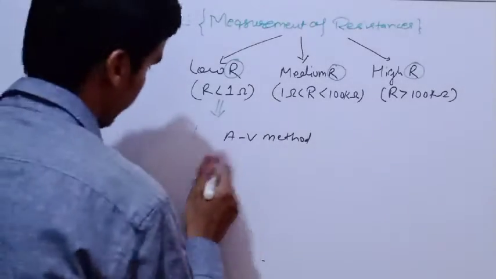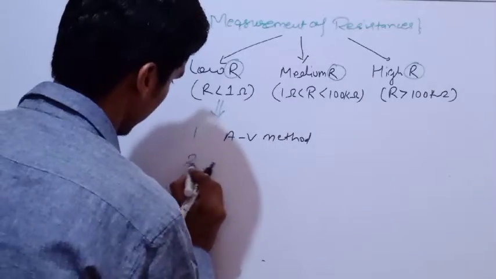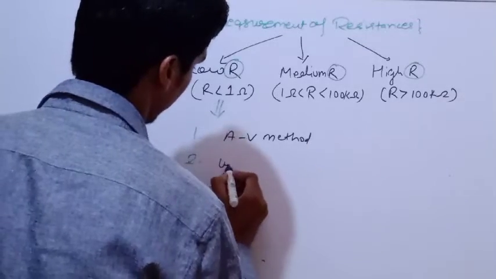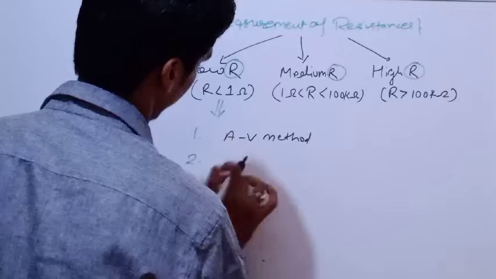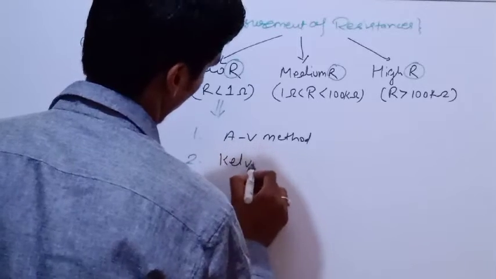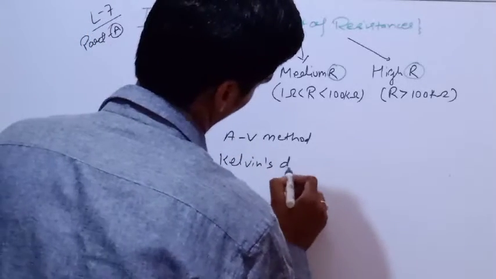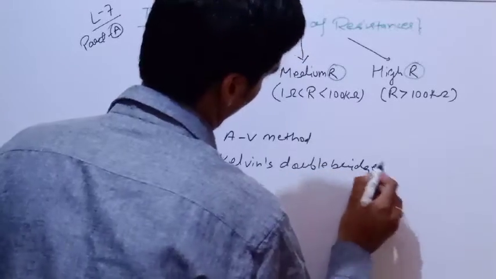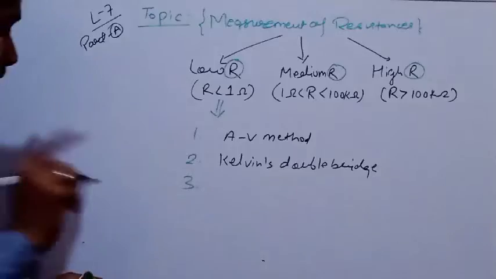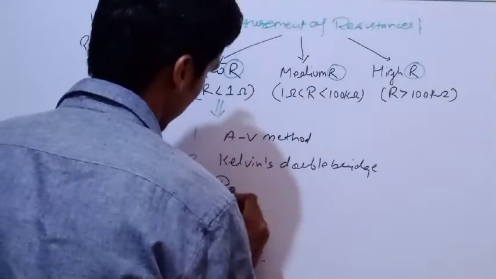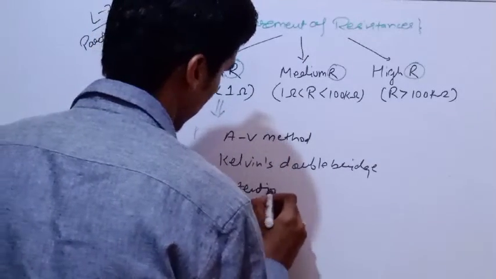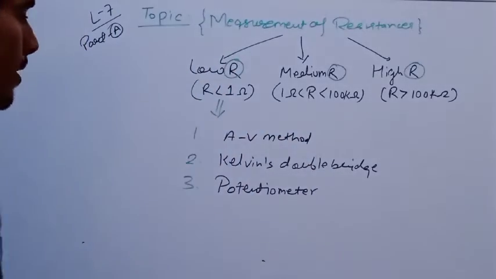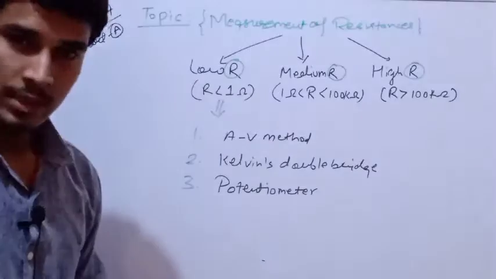Another one is Kelvin's double bridge. The third one is the potentiometer method.